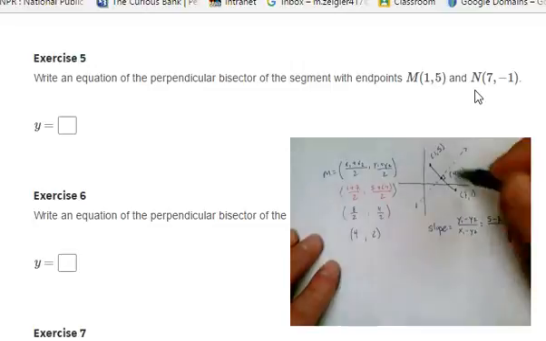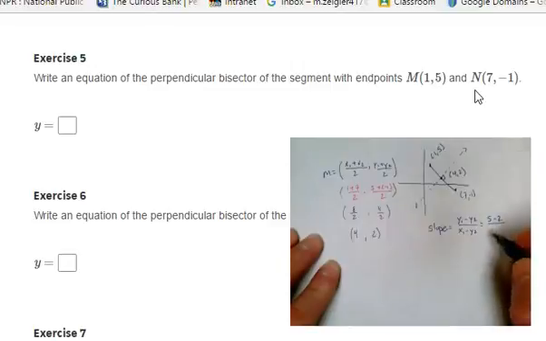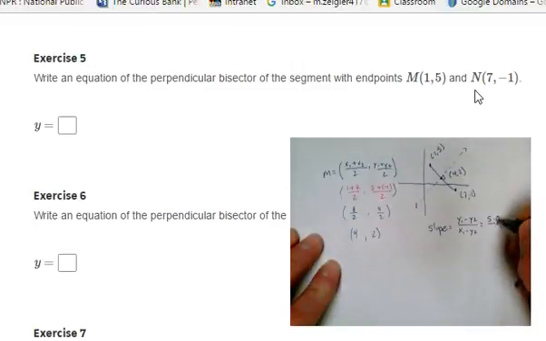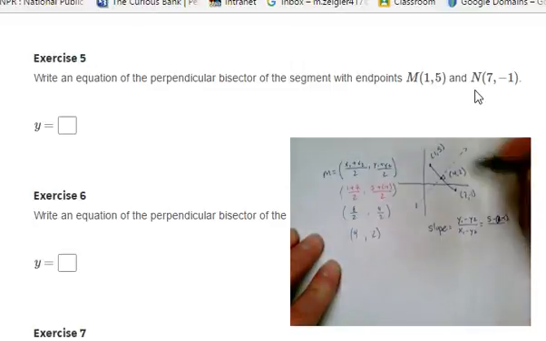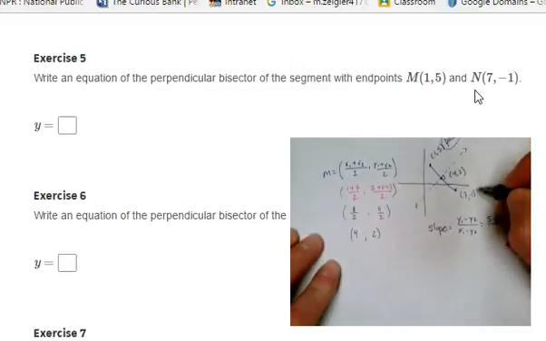Actually, I could pick this point here, which is easier. So let's not be confusing: 5 minus negative 1. I'm picking this to be point 1, and this will be point 2.